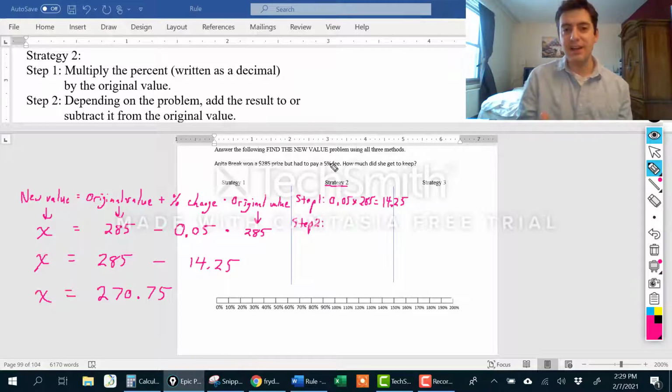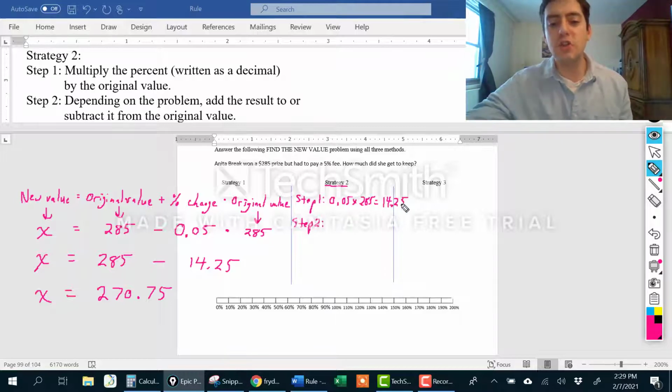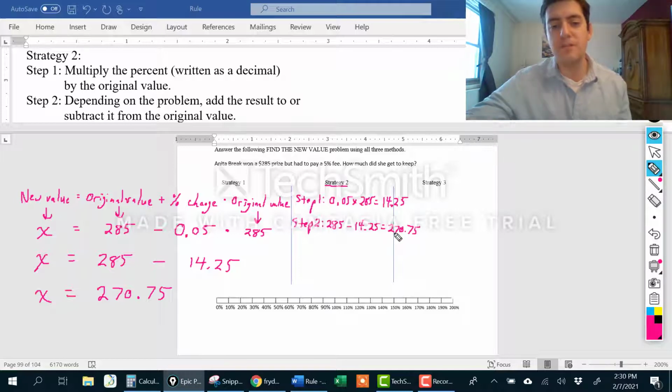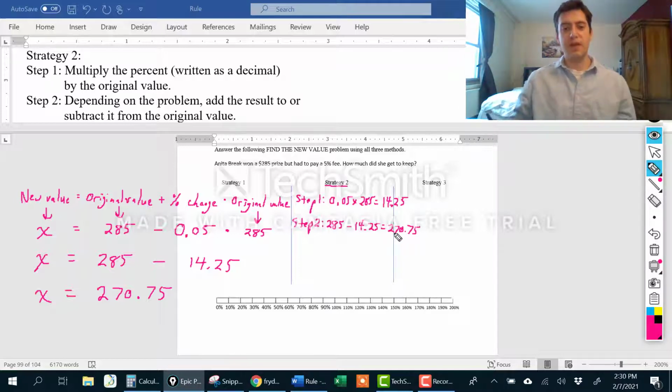So again, if she's paying that fee, then her money is not going up, her money is going down. So we're going to subtract this number from 285. So our next step is to do 285 minus 14.25. And that's going to give us, like we said before, 270.75. And that's the amount of money that she has after paying the fee.